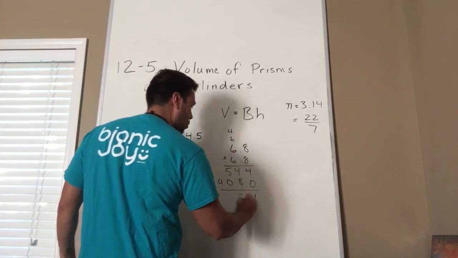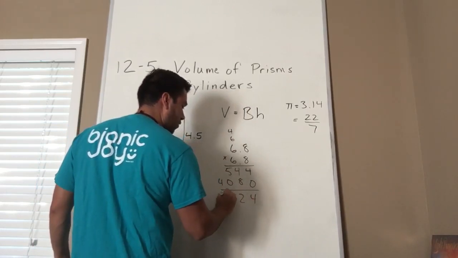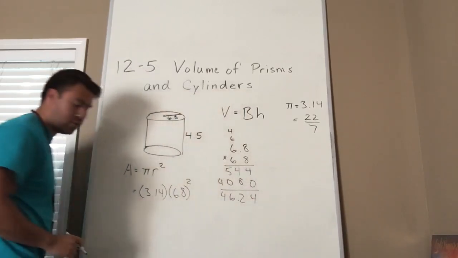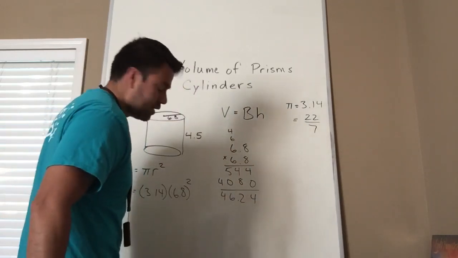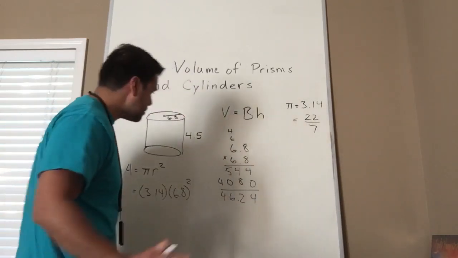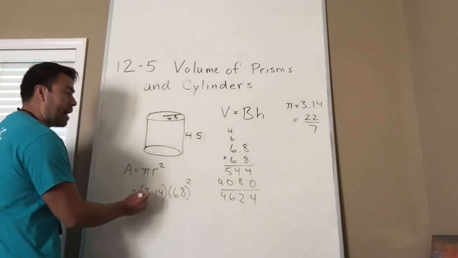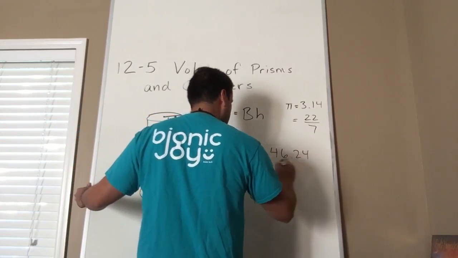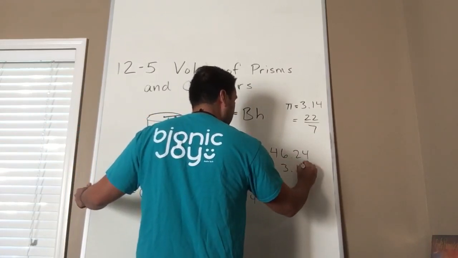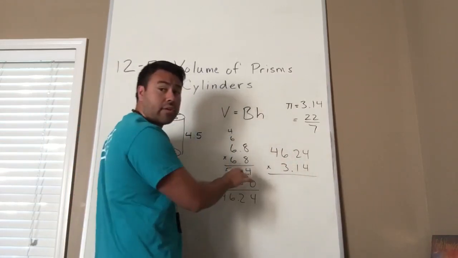Okay, 4, 12, 6, 4. Put the decimal point. 46.24. Make sure that's good. Then I'm going to multiply that by pi. So it's going to be 46.24 times 3.14. Okay, so I'll do that real quick over here on the side.